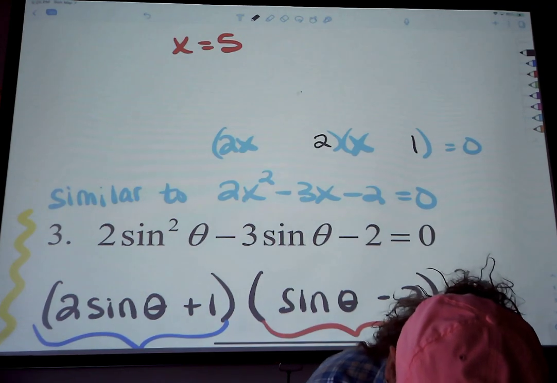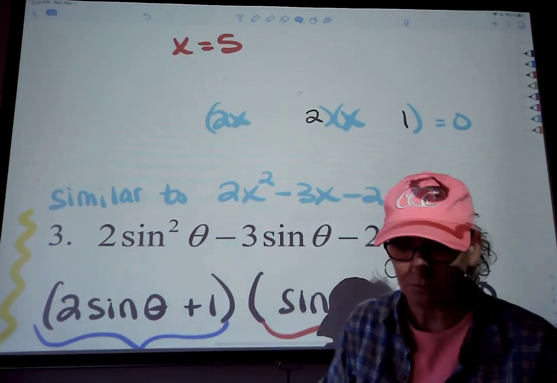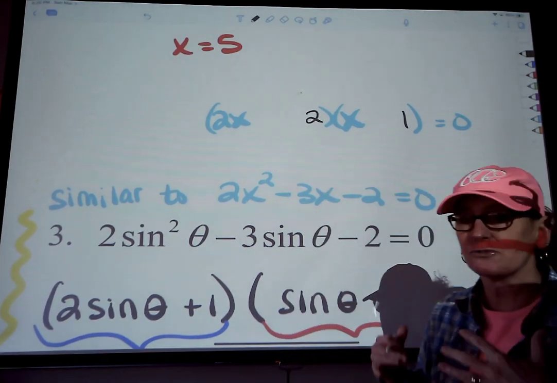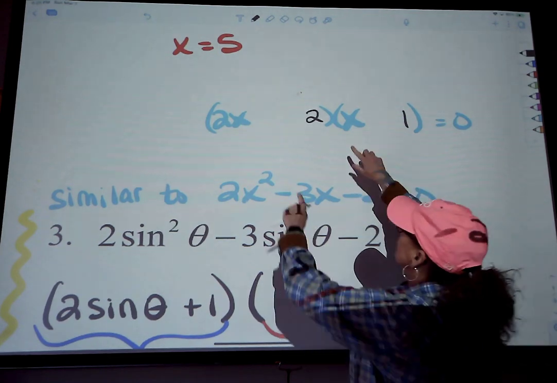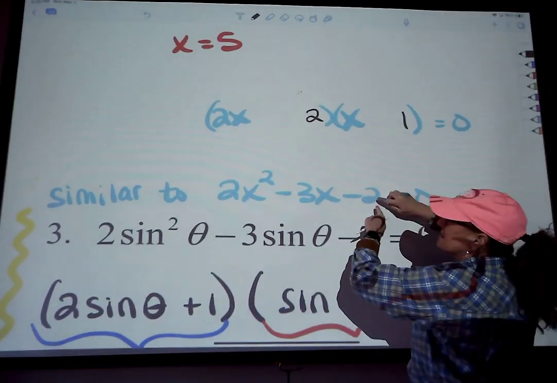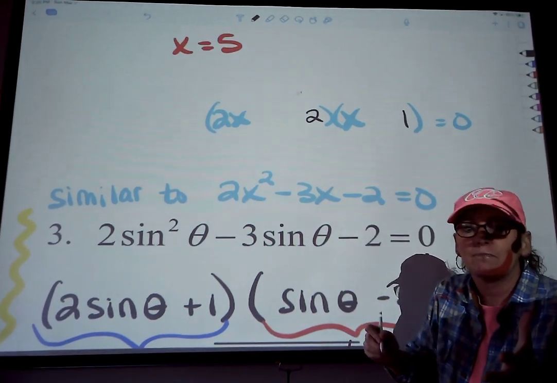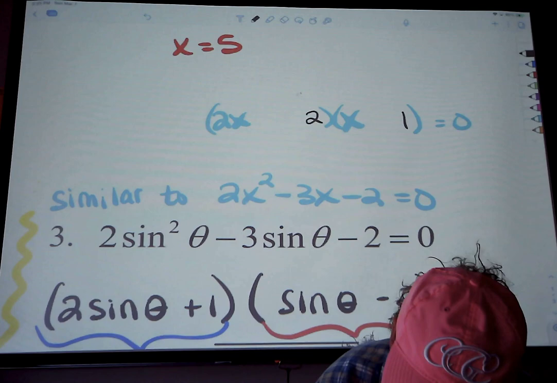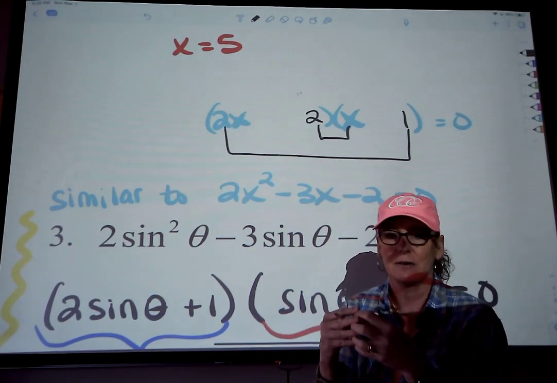Let's try that. And this goes really fast once you get the hang of it. It's going to take me a while. But anyway, okay, so do these two multiply to make this? Check. Do these two multiply to make this? Check. I know one of them has to be positive, one of them has to be negative. What about the 3 in the middle? The 3 comes from the outer and the inner combined.